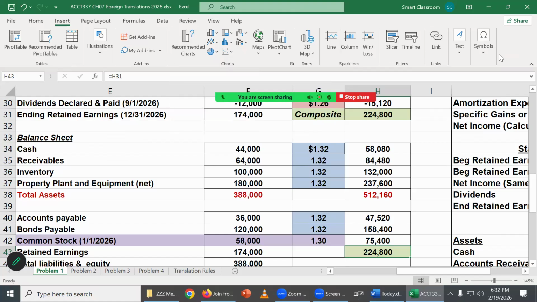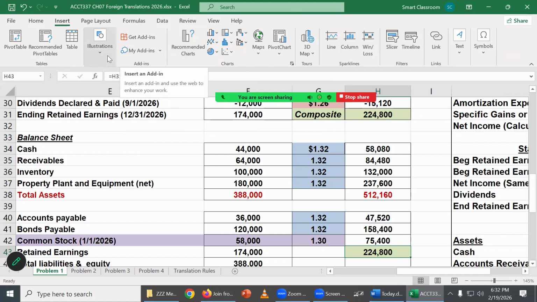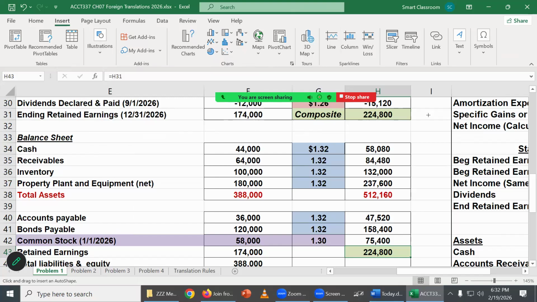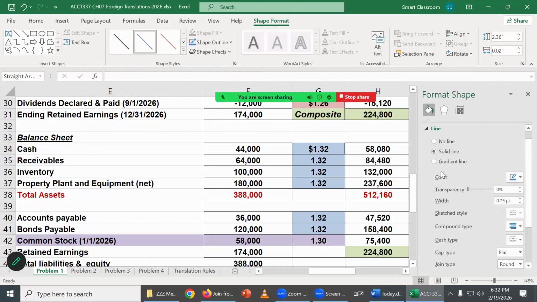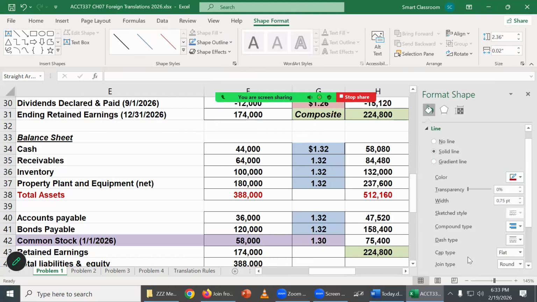Where is my... Oh, here it is. All right. Let me format this. Give me a second so that we can actually see it.